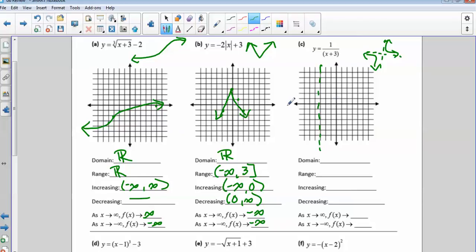My horizontal asymptote stays at y equals 0. And there's no stretch, which means my points are going to be over 1 and up 1, and back 1 and down 1. If you remember from your parent function, you also had a point that was over a half and up 2, and over 2 and up a half. And then do your best to draw those branches in so that they're hugging those asymptotes.